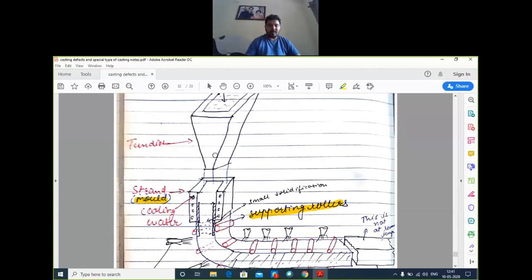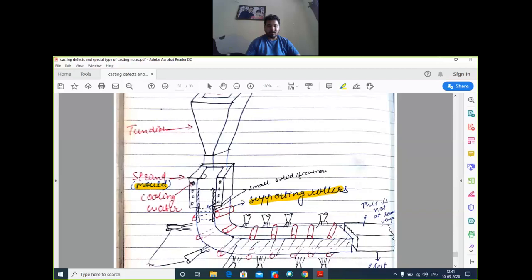After pouring, the molten metal goes to the strand, which is also called the mold. This mold is double walled and water cooled. Why water cooled? When the metal is poured into the strand, the material is continuously cooled, and it also starts to solidify a little.